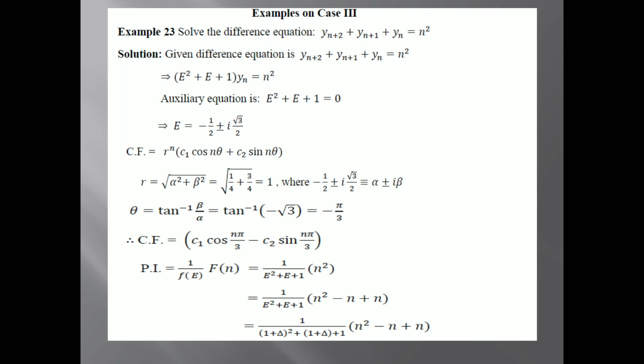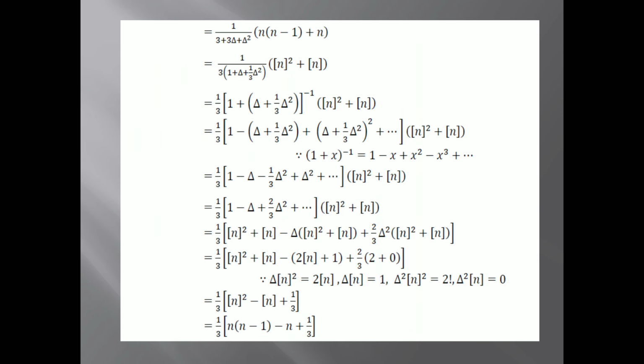Instead of E, we use 1 plus delta, and move towards 1 upon 3 plus delta, 1 upon 3 plus 3 delta plus delta square, into n into bracket n minus 1 plus n. After simplification, we reduce each term.